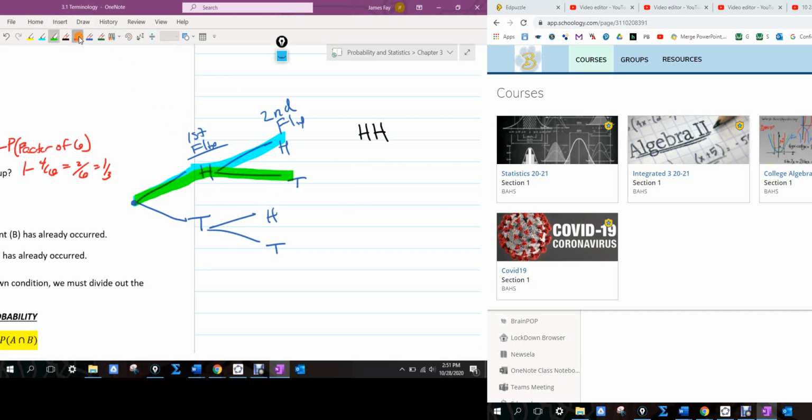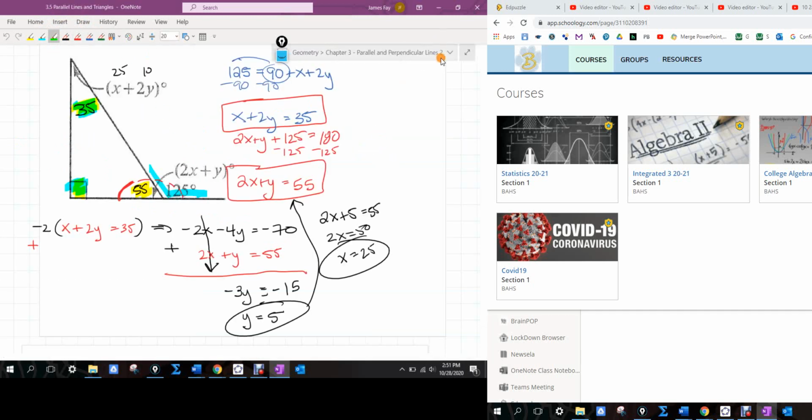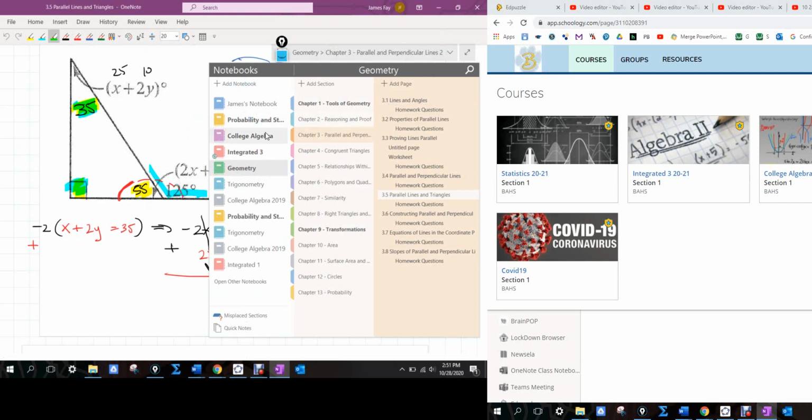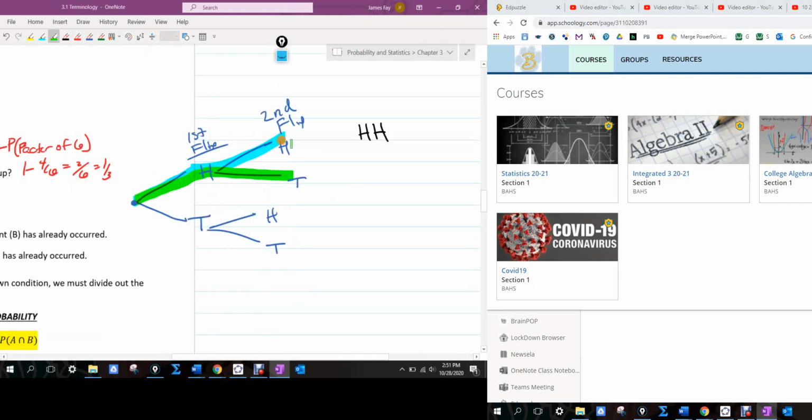Another result could have been heads and tails. It jumps back and forth sometimes. Could have had a result that went tails and heads, and could have had a result that went tails and tails. That make sense?